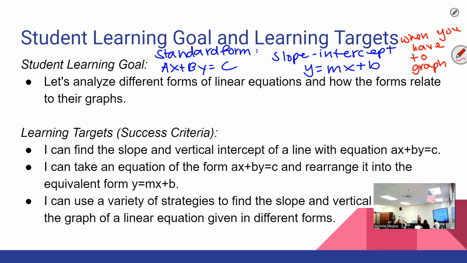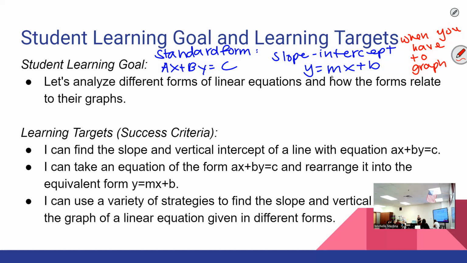So table 2 or 3, what is easy to see when it's in slope-intercept form? And it relates to the graph. In the name, slope-intercept, what's easier to see? Slope is one of the things you could easily see.